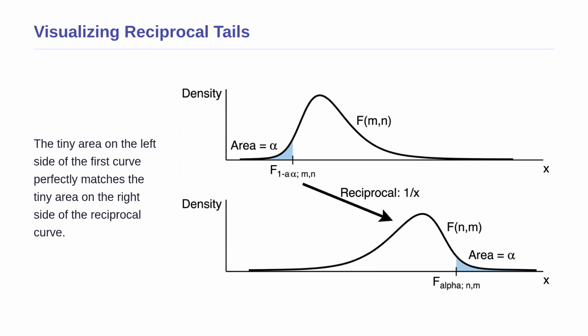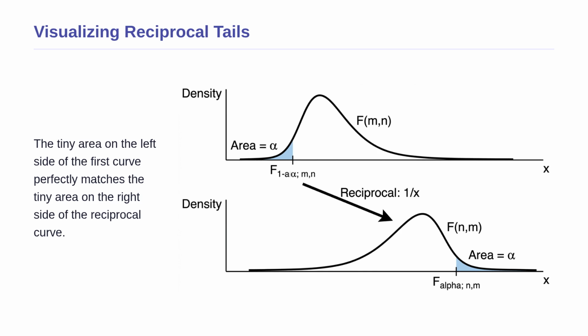Now let us look at what this actually means visually. On the screen, you see two F distribution curves. The top curve represents our original distribution with m and n degrees of freedom. Notice the small shaded region in the far left tail? This area is alpha. The bottom curve represents our inverse distribution, where the degrees of freedom are swapped to n and m.